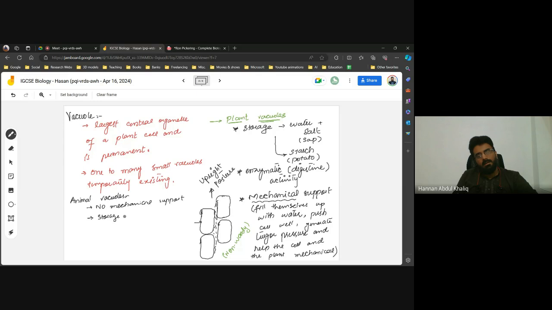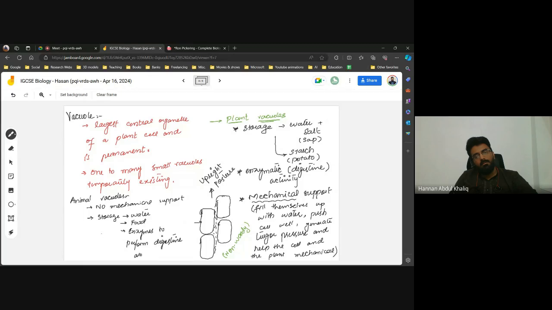Yes, they can store water, and they can store food. And yes, they can store enzymes to perform digestive activity.